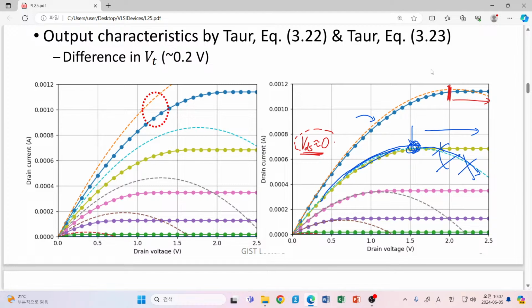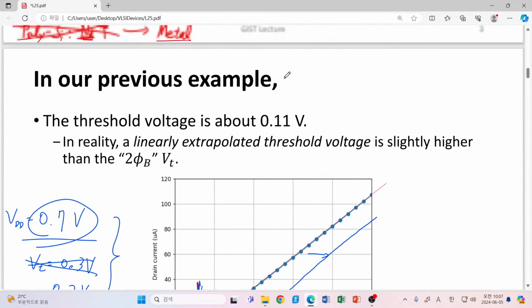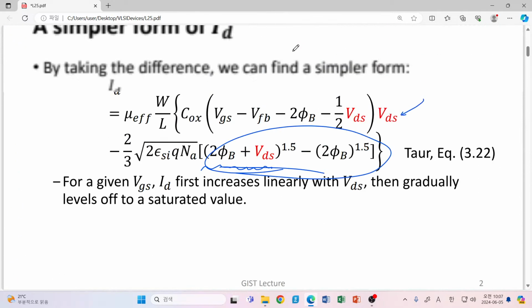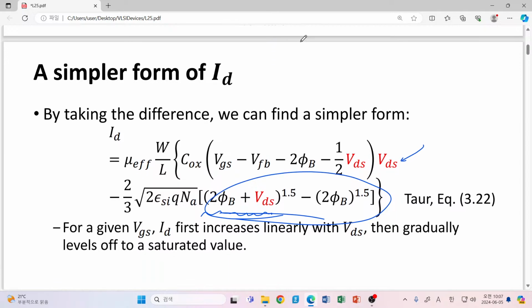Why do we have to neglect this one? Because our starting point, the simpler form of ID itself, was obtained from a certain expression for our charge densities. At the time, please remember that we have already assumed that we have an inversion layer in our system.